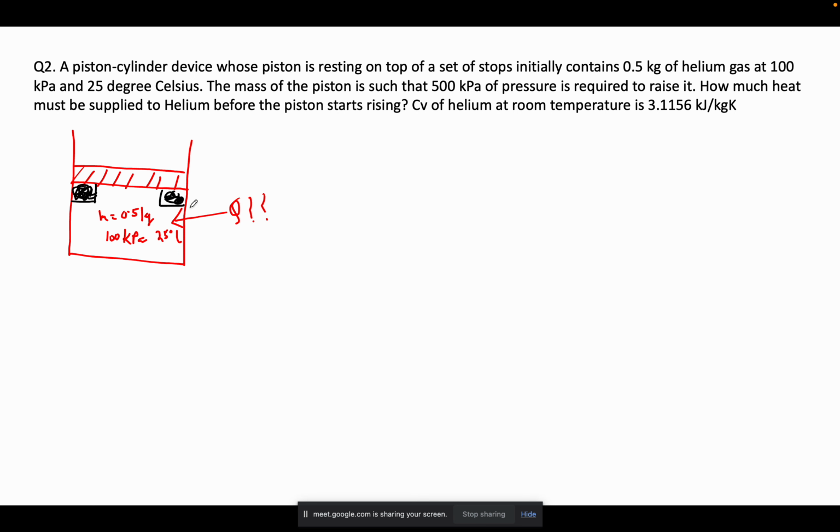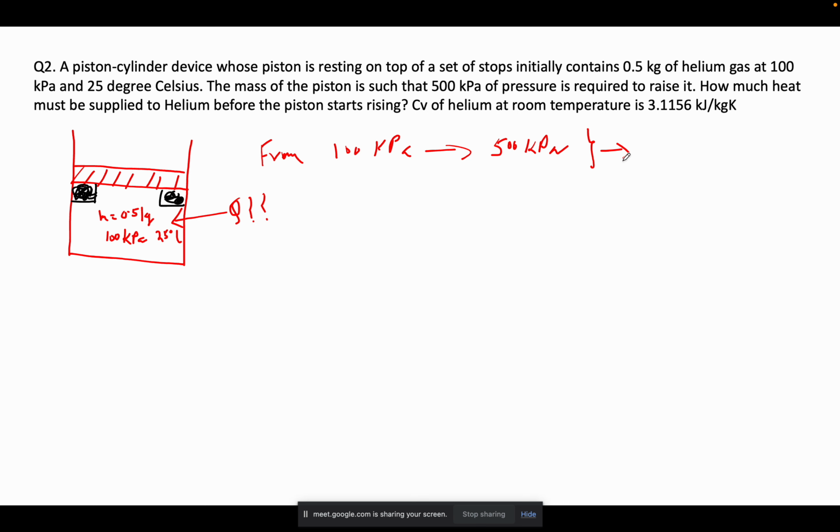That means the question is, what amount of Q should be supplied so that the pressure becomes 500 kilopascal. Okay, is it clear? So that means from 100 kilopascal to 500 kilopascal, what type of thermodynamic process is it?